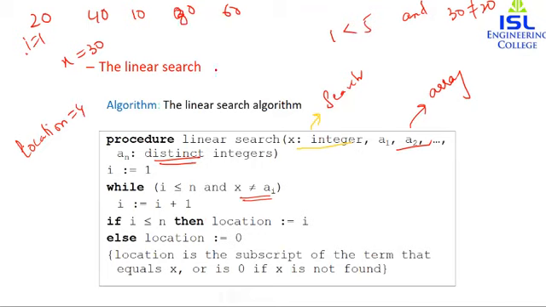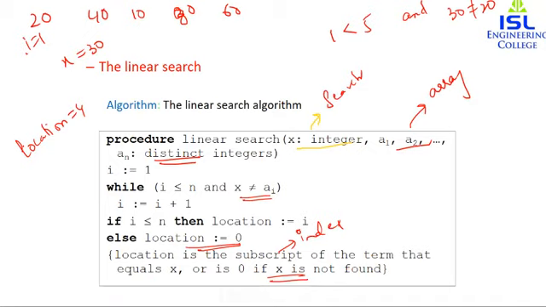In that case we mention that location is equal to 0. Whenever location is equal to 0, that means our x is not found. Location is the subscript of the term. Subscript means the index of the term that equals x, or it is 0 if x is not found.